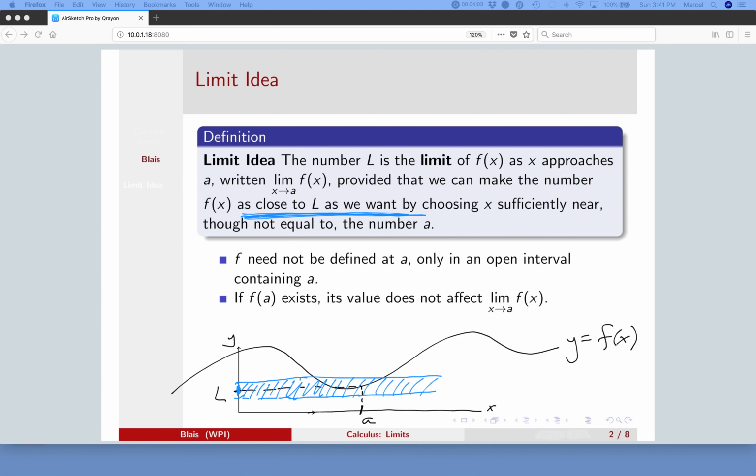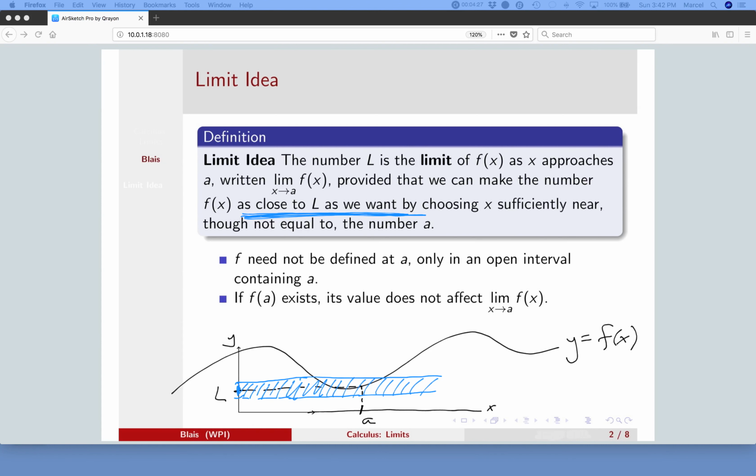If the limit as x approaches a in fact equals L, what we need to do is find an interval around a such that if we restrict ourselves to that interval, the function will always be within this band.